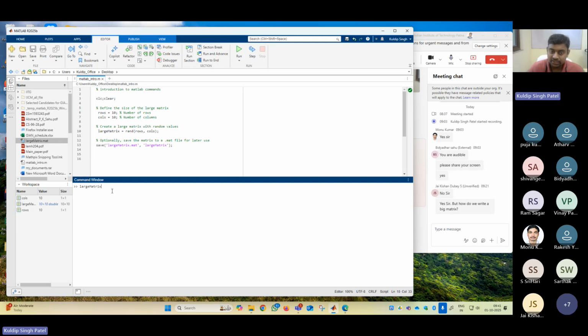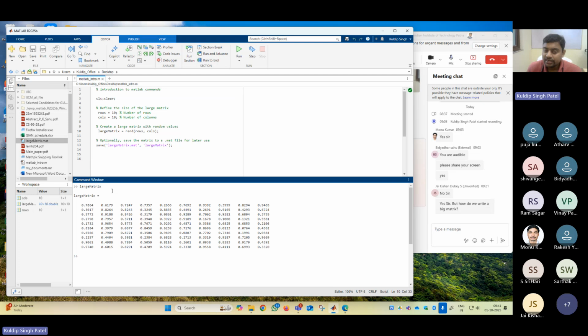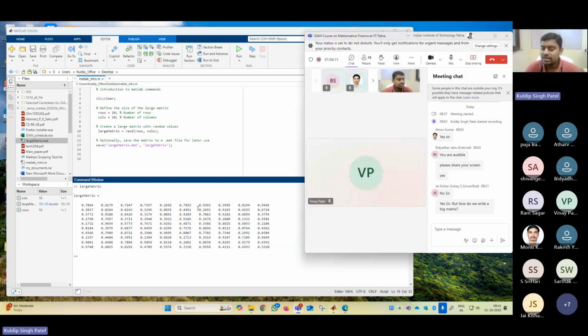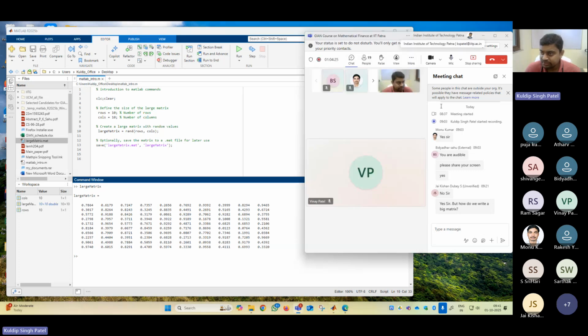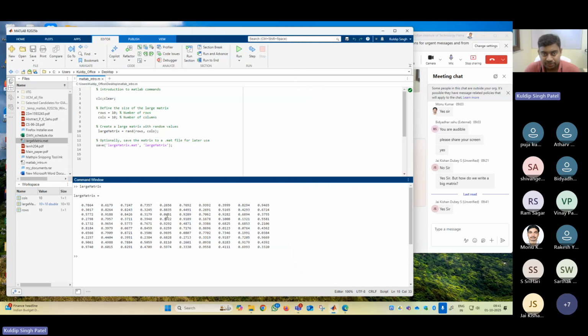We'll type large matrix here, and this is the 10 by 10 matrix we got. Kishan, I hope it is clear how to write the large matrix. Of course, there are other ways. Suppose you know the entries, then you can use a for loop or a while loop. So I hope these basic things are clear to you.